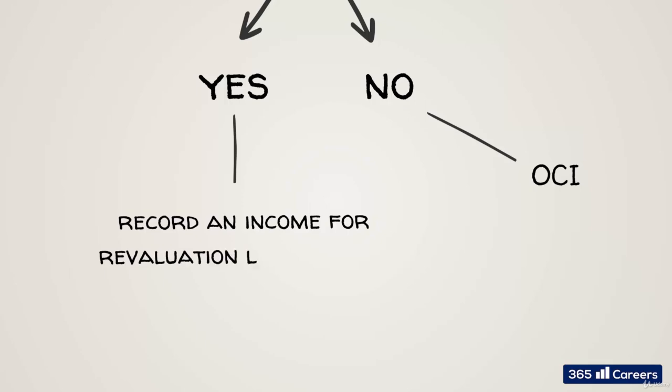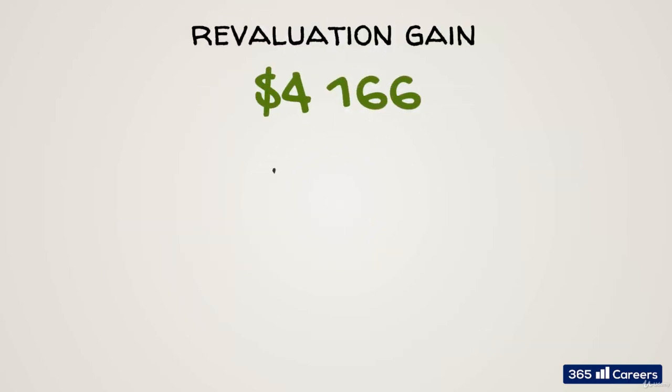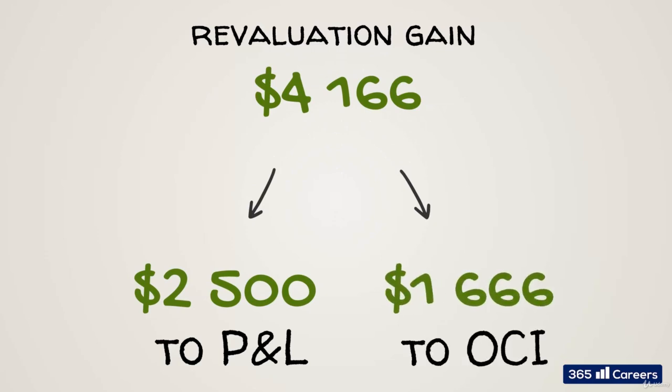If, on the other hand, we've already registered a revaluation loss, which is the case in this exercise, we can compensate for such loss reporting a revaluation income of $2,500 in the P&L. In our case, the upward revaluation is more than $2,500, which means that a part of it will be reported in the P&L, and the rest of it will go directly to other comprehensive income.